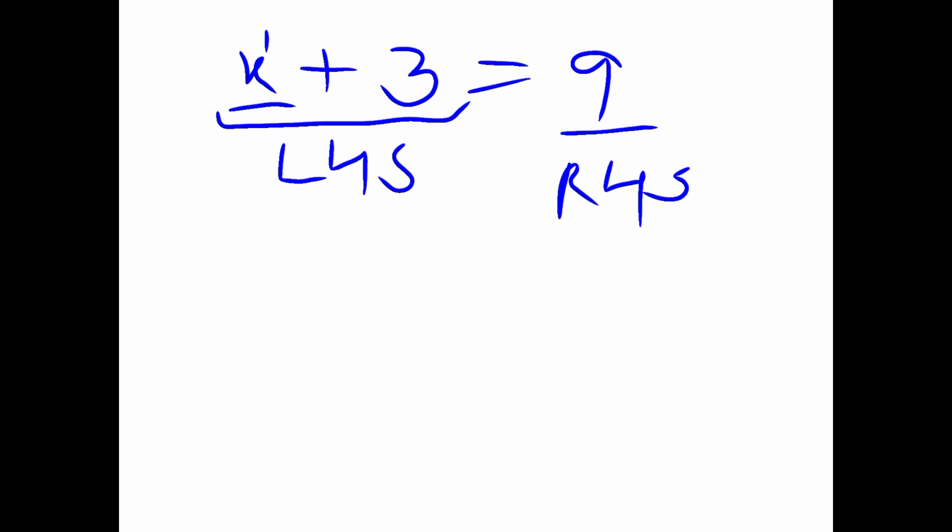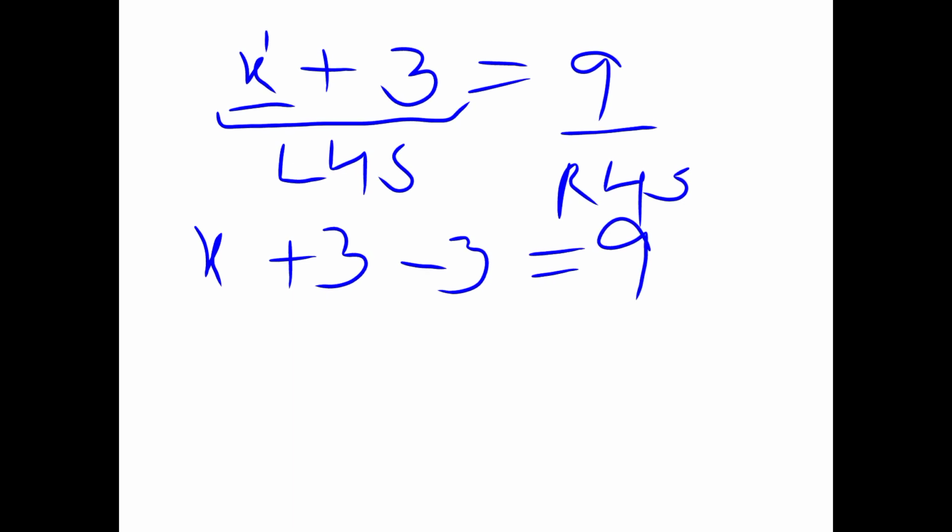Now similarly, if you want to subtract some number from this equation, say for example minus 3, you have to subtract it on both sides to keep the equation justified, right?